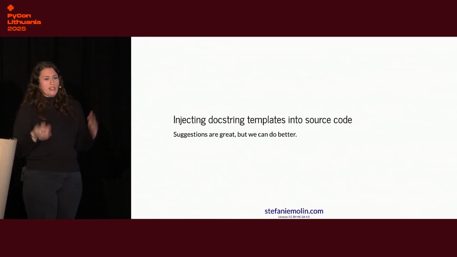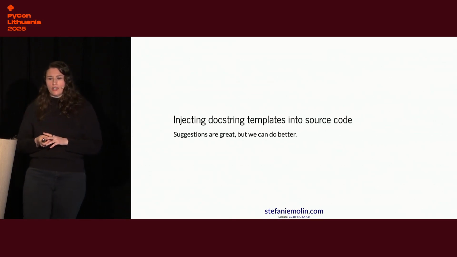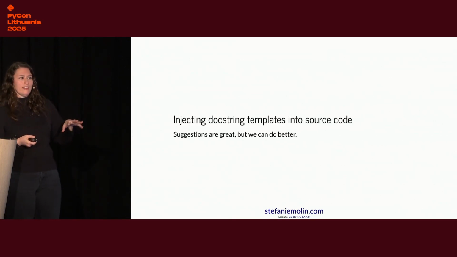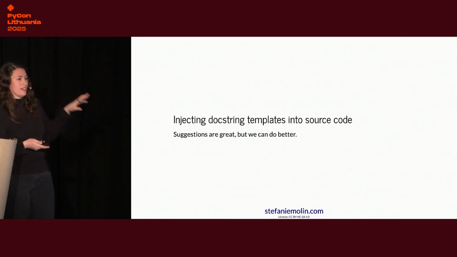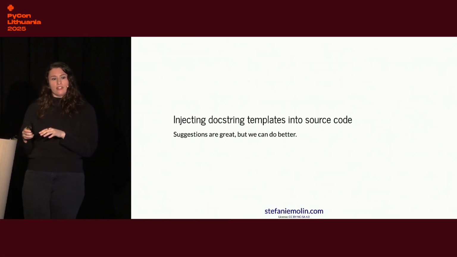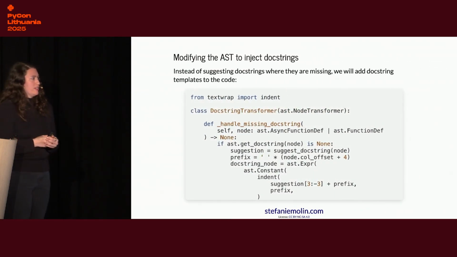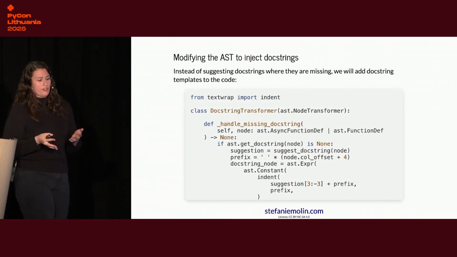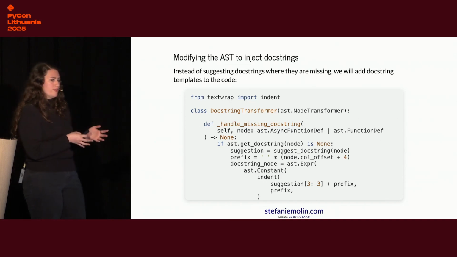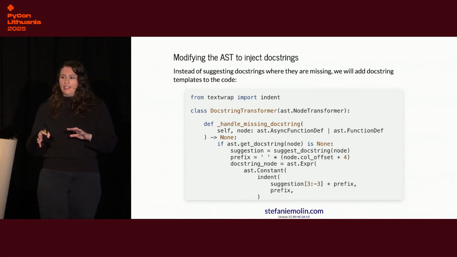But we can actually do even better than this, right? So instead of just telling the user in a printout that it could use this docstring template, we could actually inject those into the code by modifying the AST. So to do this, we have to do a change to how we've actually been doing our traversal. We've been using a node visitor, and the node visitor does not make edits on the AST.